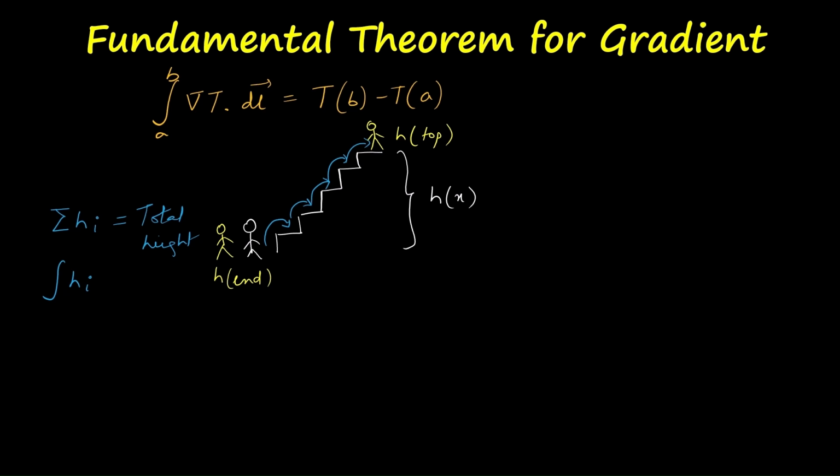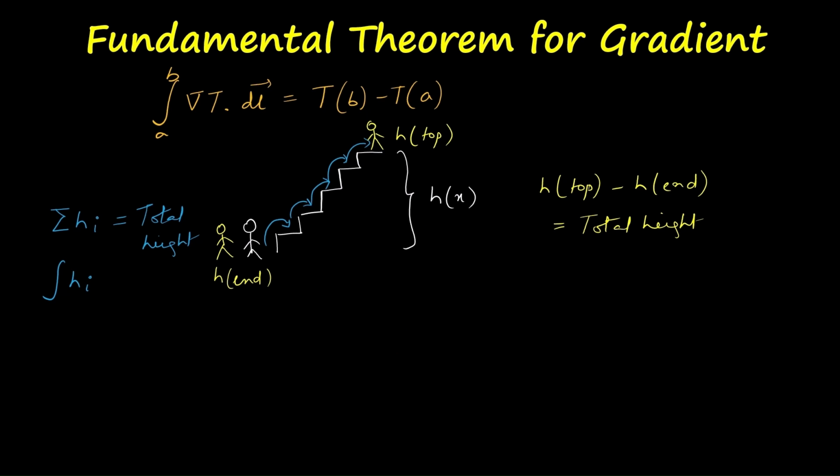Then if you take the difference, h of top minus h of the end point, this also gives the total height. Now both calculations give the same result. The approach done here is analogous to the integration, and the approach done here is analogous to the right side of this equation. So both of them will give the same results.